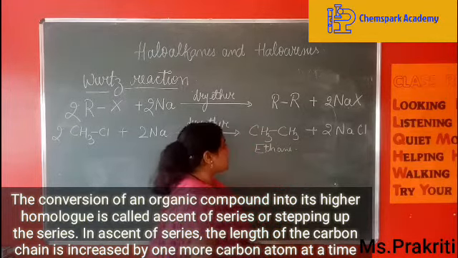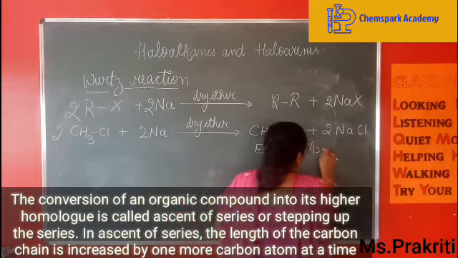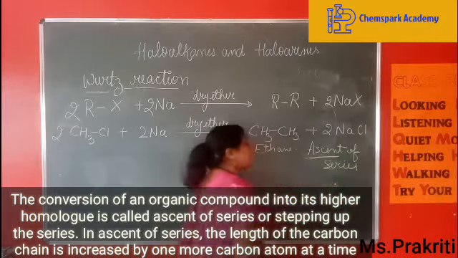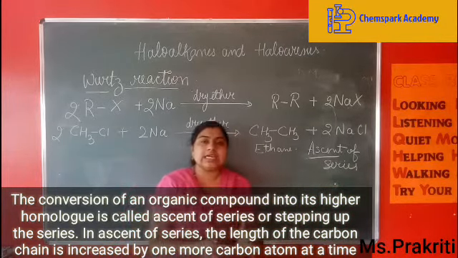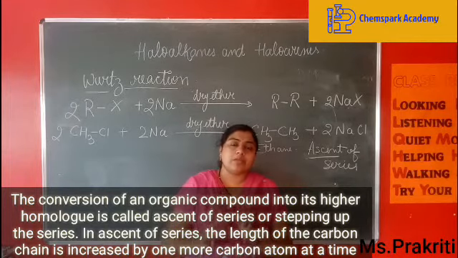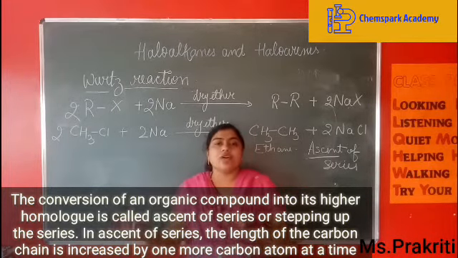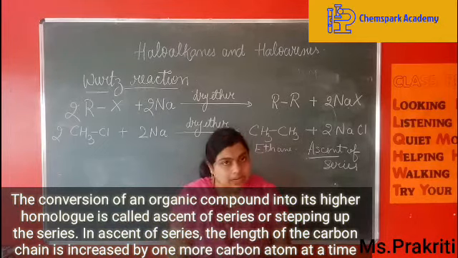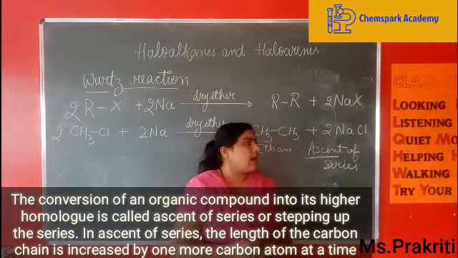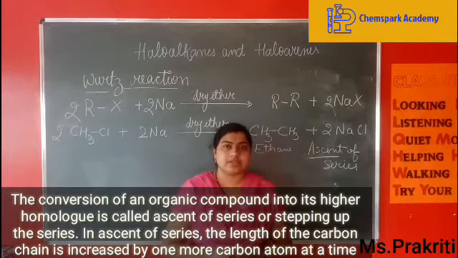So this reaction is Ascent of Series, where we can increase the number of carbon atoms. Whichsoever will be the number of carbon atoms in the reactant, we will have double the number of carbons in the product. So this is an Ascent of Series.